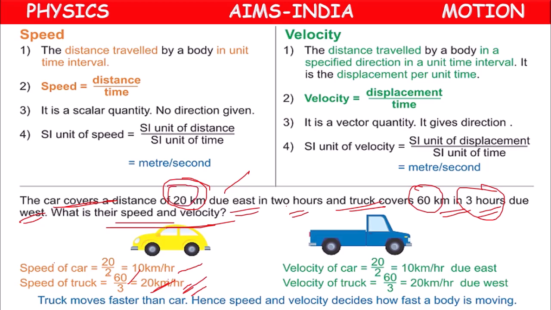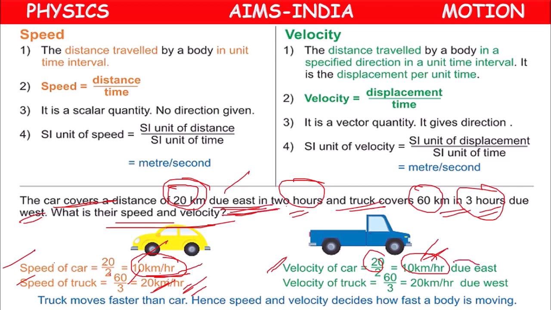Here 20 kilometers in 2 hours, 20 by 2, 10 km per hour. So speed of car is 10 km per hour, speed of truck is 20 km per hour. In the same way, velocity of car is 20 by 2, 10 km per hour. But for speed we only mention the value. For velocity, along with the value 10 km per hour, it is going due east.